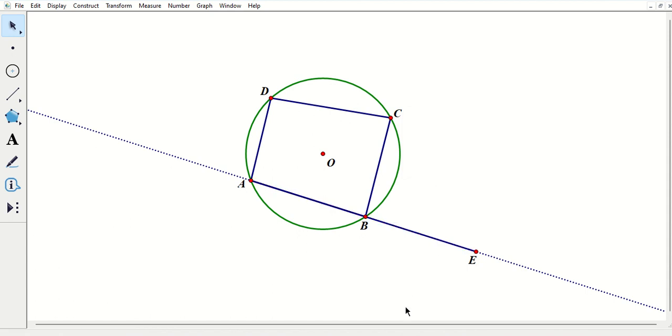So what did I just do here? I produced the line AB to point E.